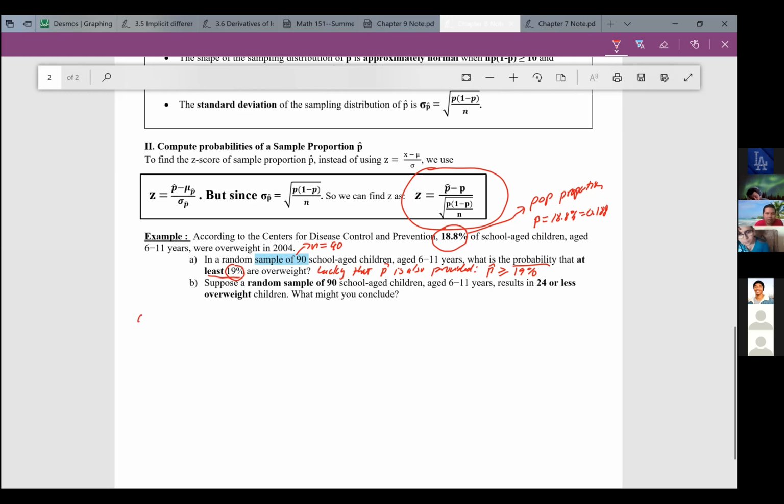So part A is not as much work compared to part B because p hat is already given, right? So we want to find out what is the probability that p hat is bigger than or equal to 0.19. And then we need to convert to z. So probability of z bigger than or equal to p hat minus p divided by the square root of p times 1 minus p over n.